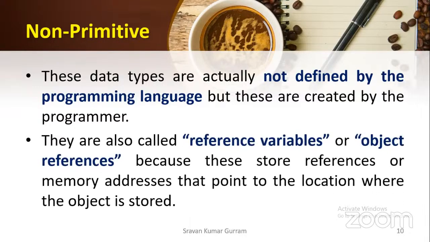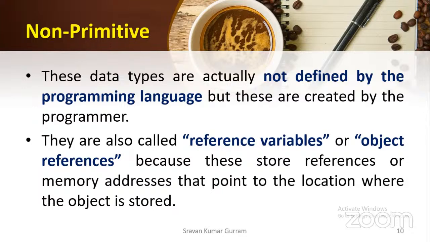These non-primitive data types are also called reference variables or object references. Why? The reason is they store the references, or the memory addresses. This memory address points to the location where the actual object is stored. This is a very important point.